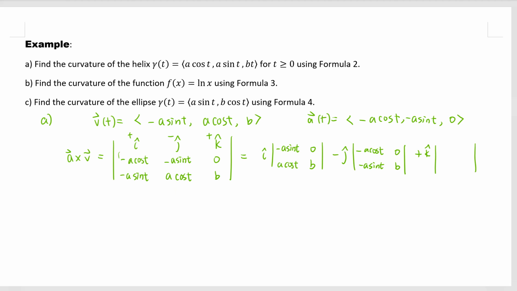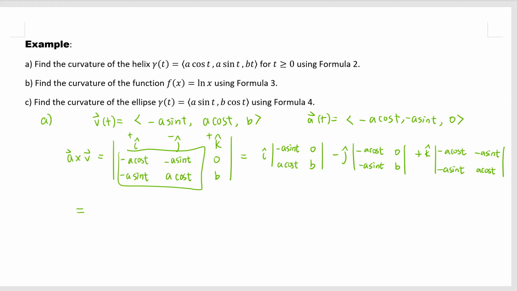times the minor, which is the determinant of the submatrix minus a cosine t, minus a sine t, minus a sine t, a cosine t. Okay, let's continue.